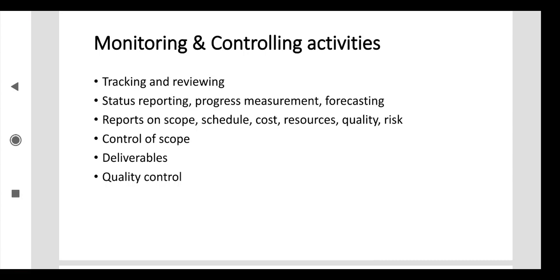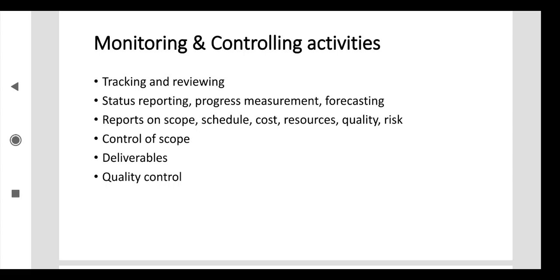Next one is status reporting, progress measurement and forecasting. After completing a portion of the project, we have to report to the higher authorities how much we have completed. That is the status reporting. Then process measurement, till how much we have completed.